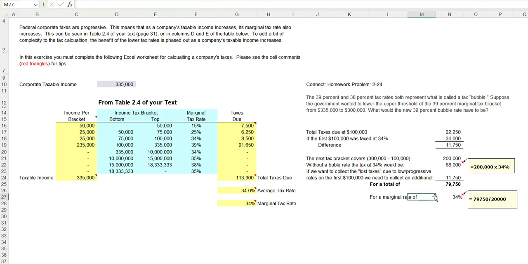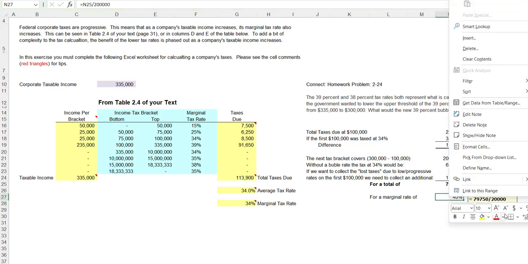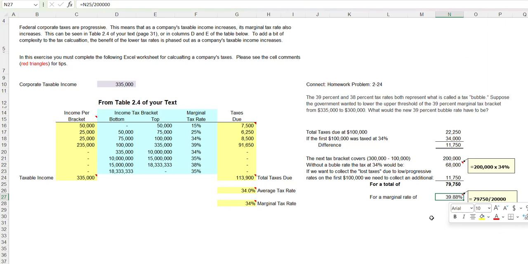And the rate would have to be the 79,750 divided by 200,000. Our rate would have to be, it's not going to be exactly 40%. Let's throw a few decimals on there. 39.88%.